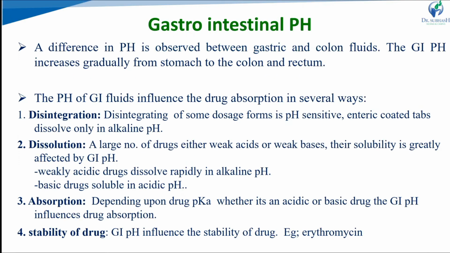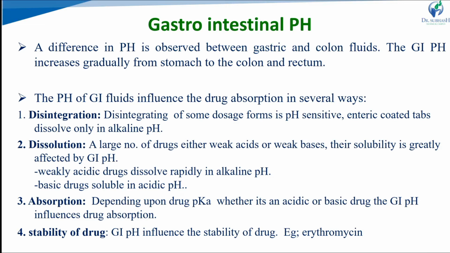Next one, the gastrointestinal pH. A pH difference is observed between gastric and colonic fluids throughout the GI tract. GI pH increases gradually from the stomach to the large intestine, the colon and rectum. The pH of GI fluids influences drug absorption in several ways.